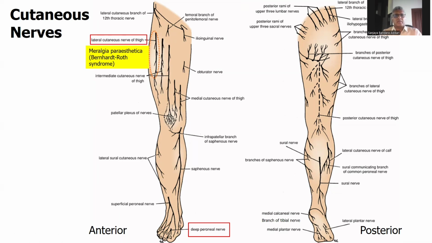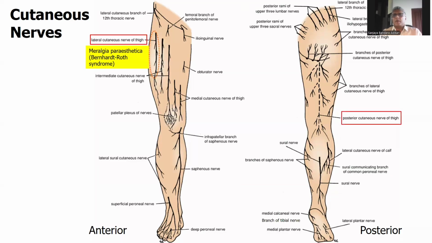So if you see numbness in this area, the first digital cleft, then that is suggestive of deep peroneal nerve damage. Of course, you can look for motor loss, wrist, foot drop and all that.